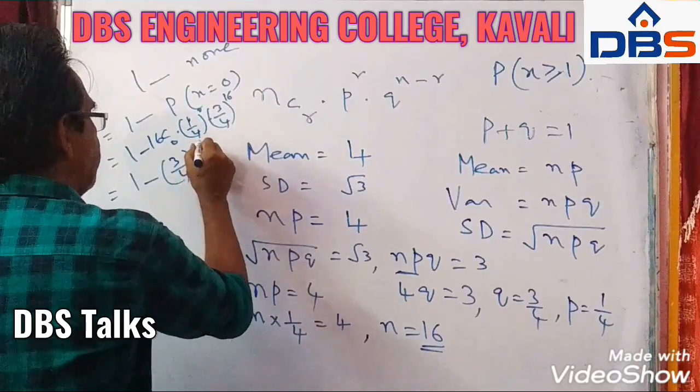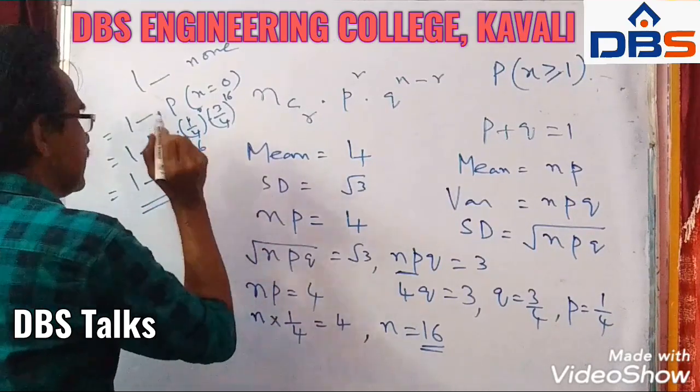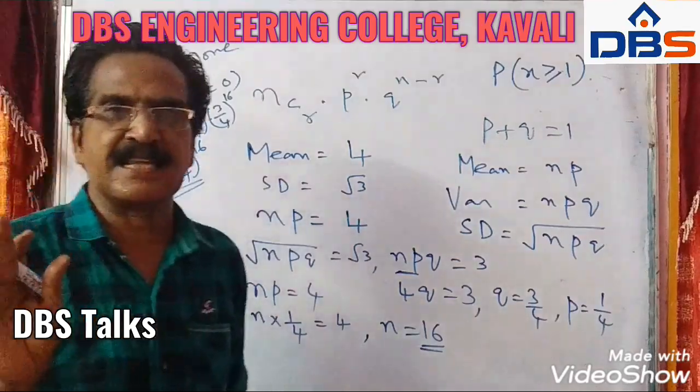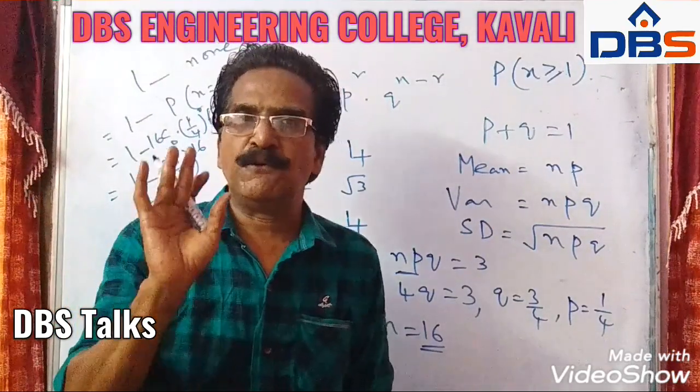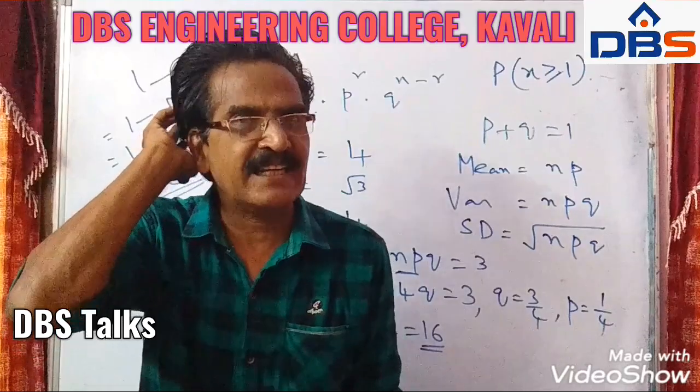So 1 minus 3 by 4 whole power 16 is our final answer, friends.